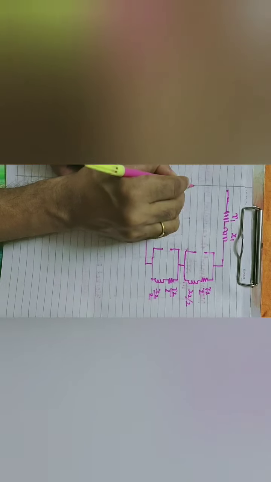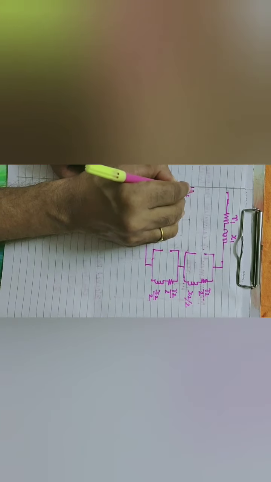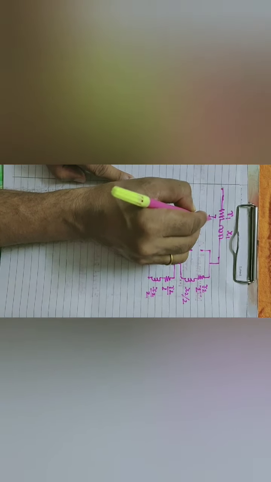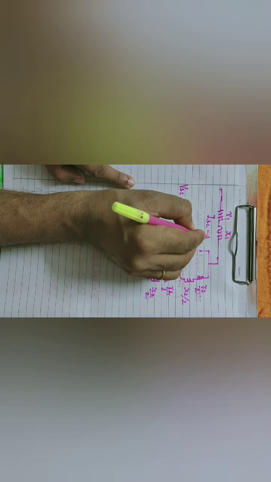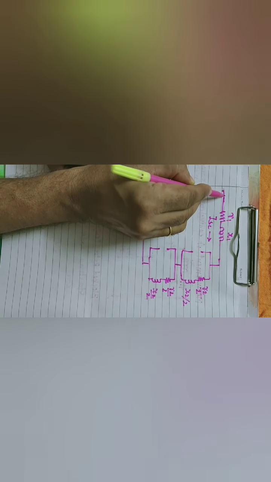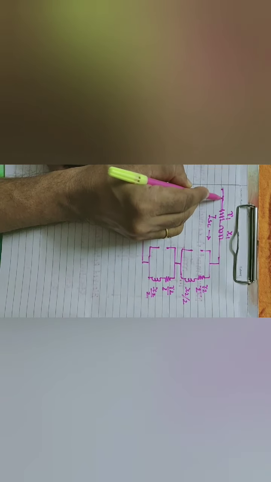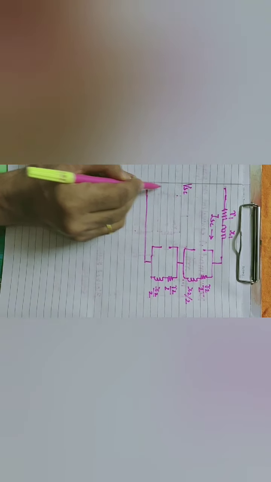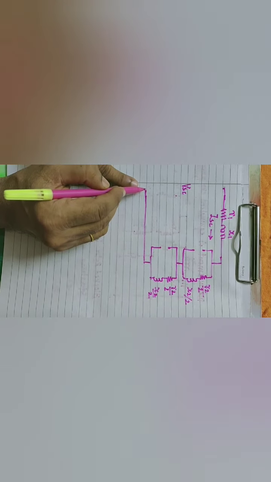Now this is the block rotor test equivalent circuit. Here we have applied VSC, reduced voltage. Due to VSC, current flow into the motor is ISC, and wattmeter is connected here, reads WSC, ammeter is connected here, reads ISC, and voltmeter is connected here, reads VSC.